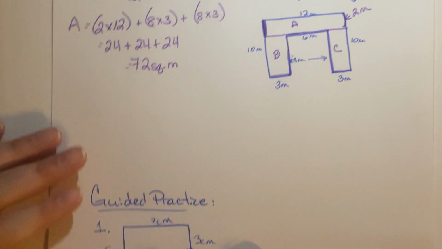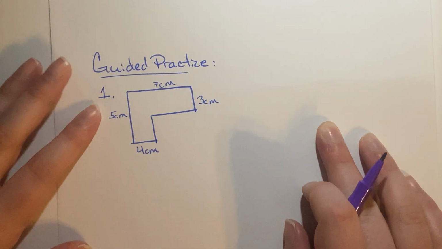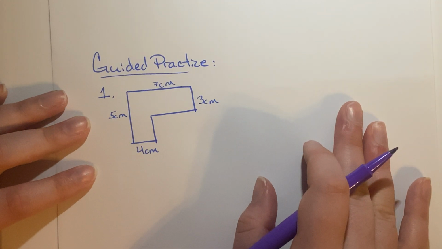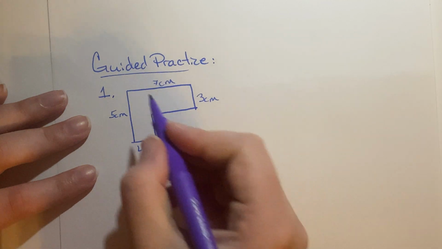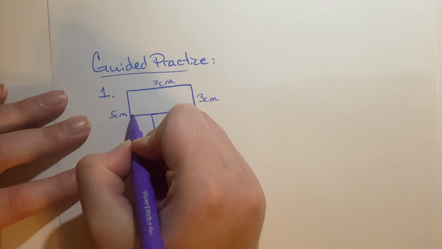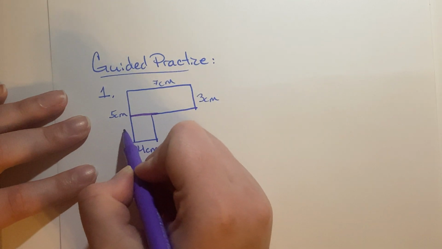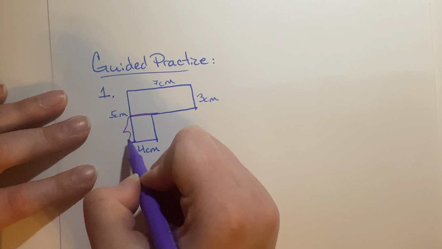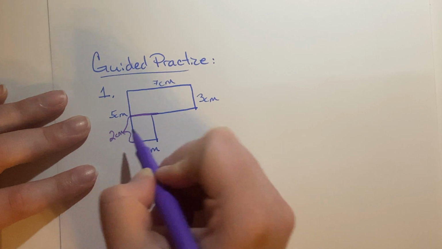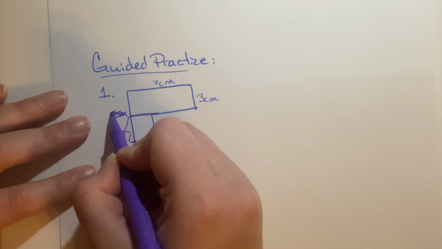Okay, so let's look at guided practice. Let's break this apart. All right, so let's break this right here. Okay, so we have 5 total here. If we took 3 away, that means that this little teeny tiny spot would be 2. So we don't have to worry about this 5 anymore.